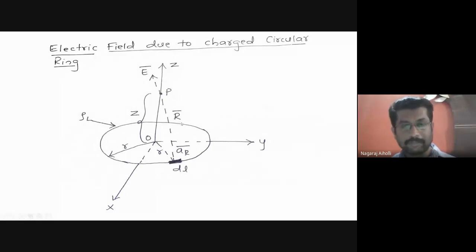The unit vector along this direction from the elemental length towards the point P is AR bar, capital R. Similarly, the unit vector from dl towards the origin, along the direction of small r, is small ar bar.